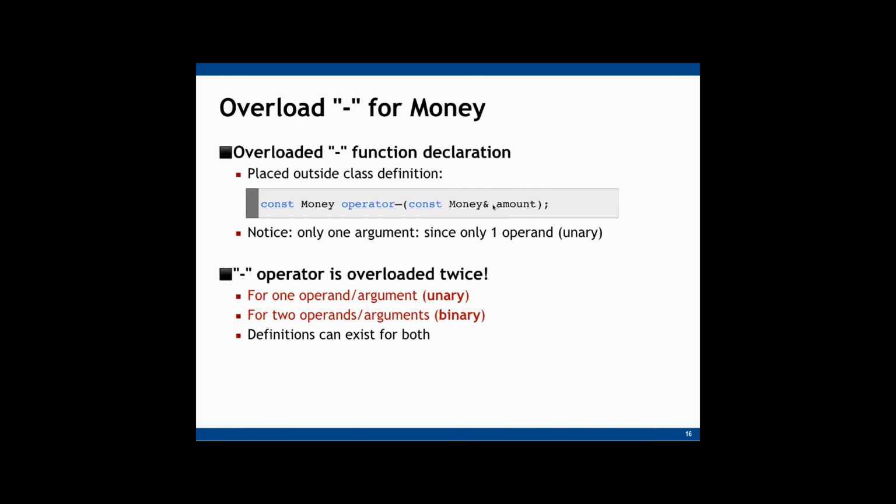If there is only 1 argument, this overloaded operator is for unary operators, and if there are 2 arguments, the overloaded minus operator can be thought of as a binary operator.